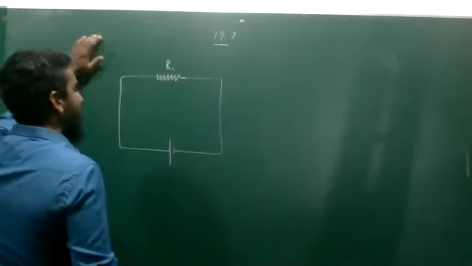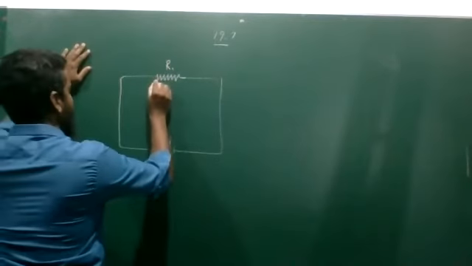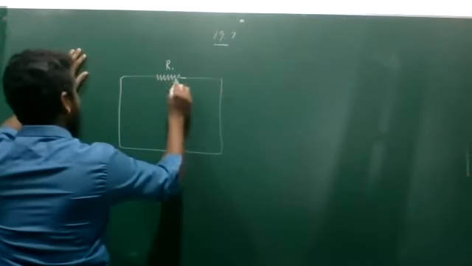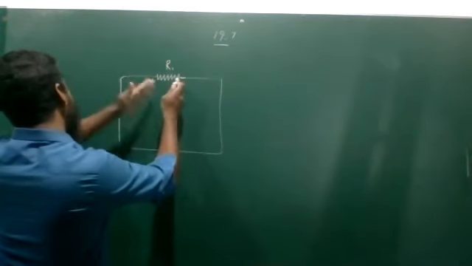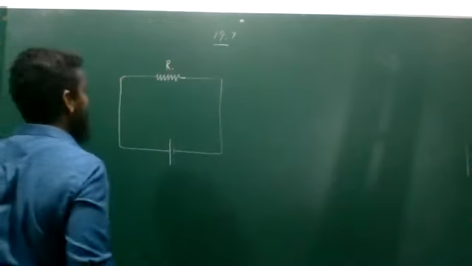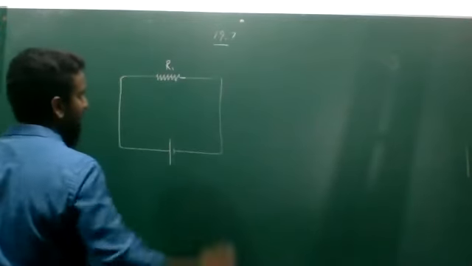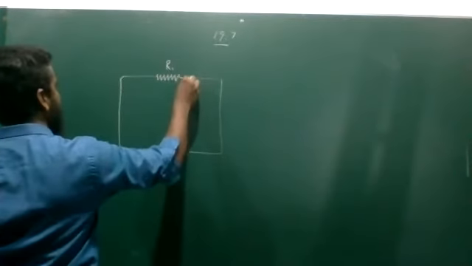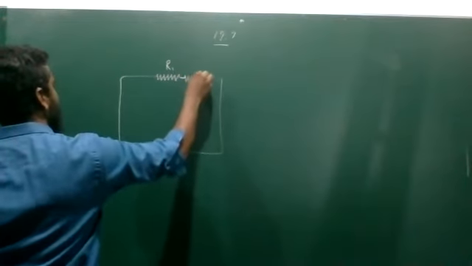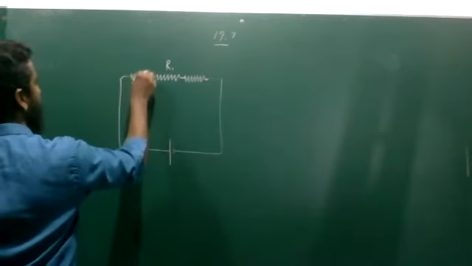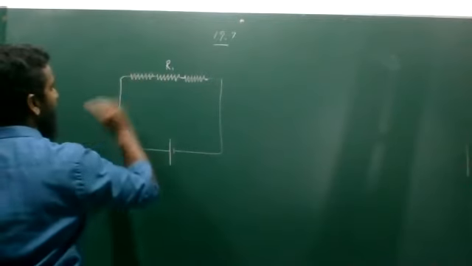It can be done in another way, right? For example, if the resistor maintains a length, and you increase the length, you know that the resistance is going to increase, right? Therefore, you can connect another resistor in this way. What is going to happen?